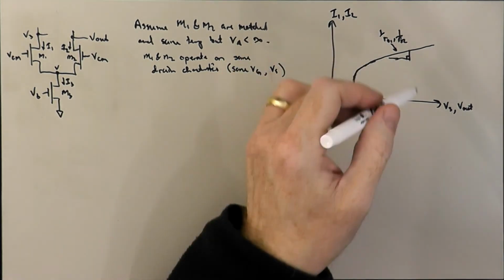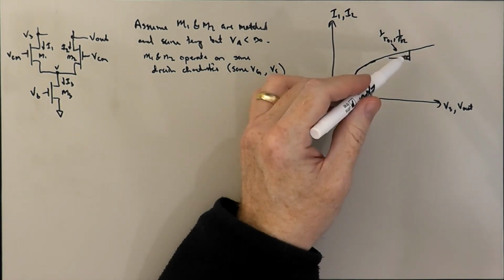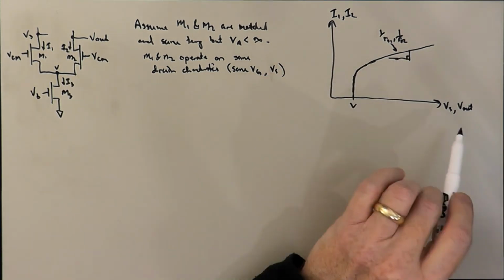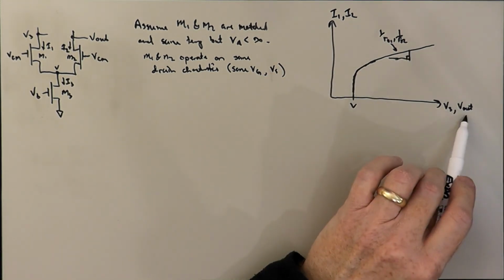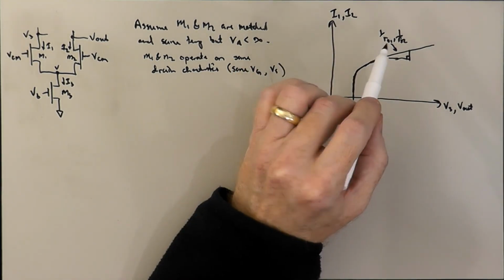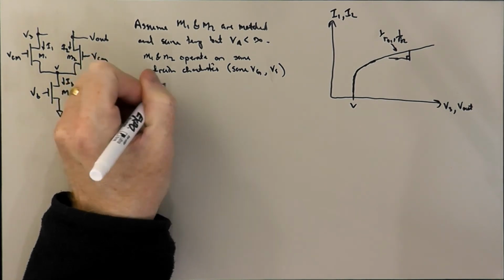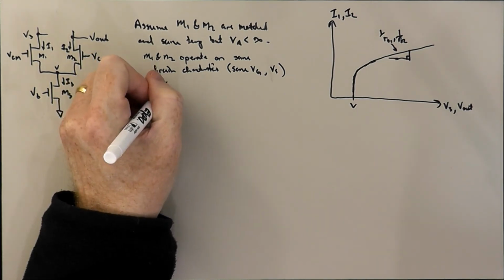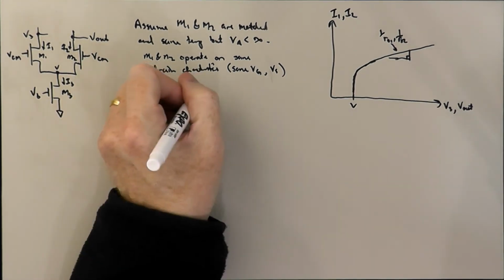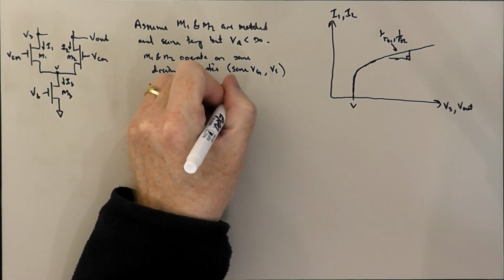And so if they're on the same drain curve, and the drain curve is shaped like this, where there's some positive slope here, whichever of V3 or V out is higher, that will make I1 or I2 higher. So we would be able to say, if, say, V3 is greater than V out, we would have I1 greater than I2.